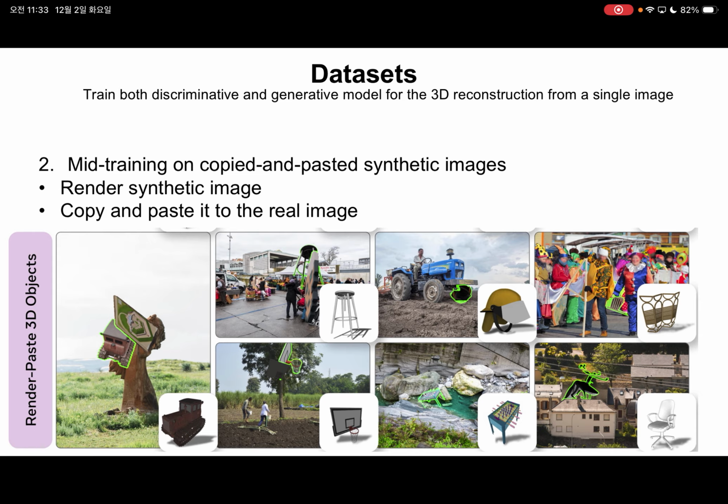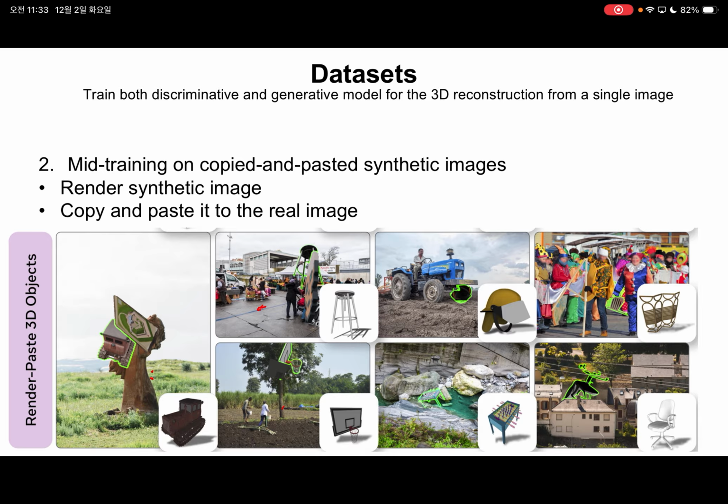And the second one is mid-training. We have synthetic 3D geometry and texture, and then we can render it to some camera space, screen space, and then let's say we have real images as the background. Then we can simply copy and paste the rendered synthetic image onto the real image, right?